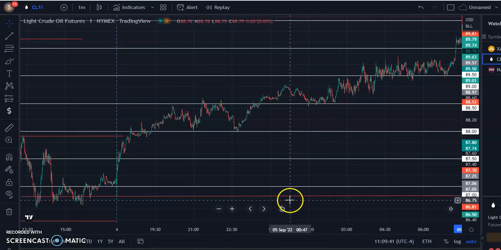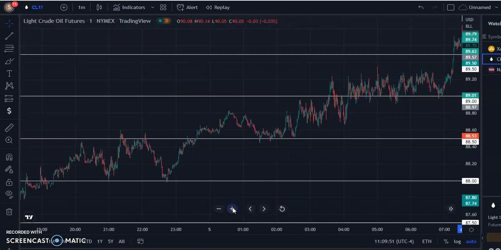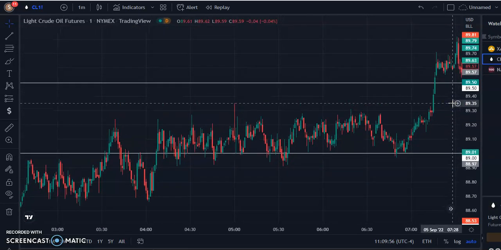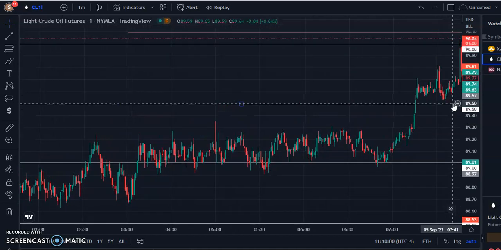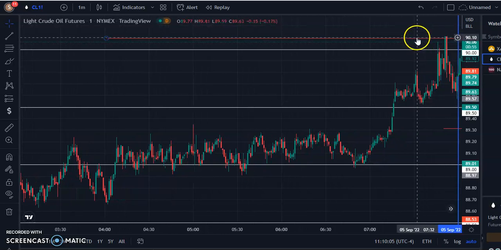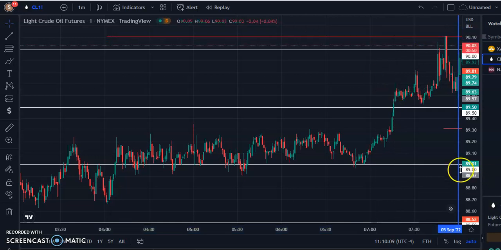This is the low of the day prior to the New York window opening at 8, and as you can see, this is the high of the day before our window opens.